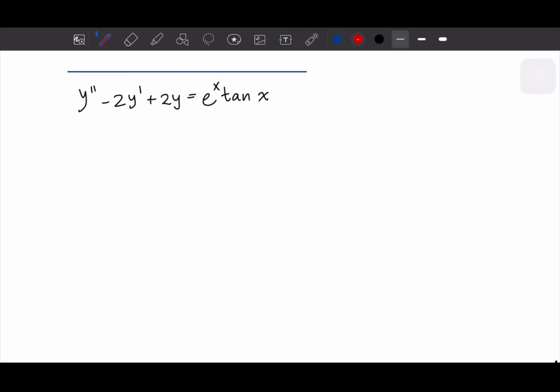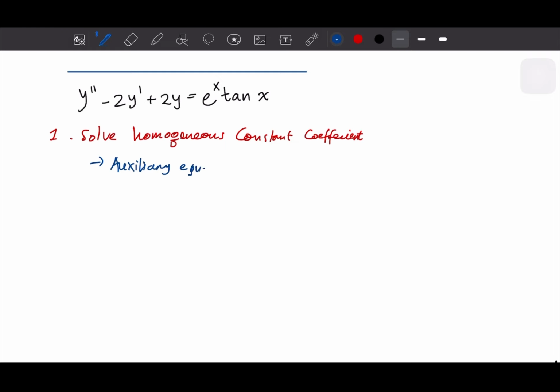So always solve the homogeneous, constant coefficient equation. How to solve this? We take the auxiliary equation. We assume a solution e to the power of mx, to be precise, and we need to find this m.